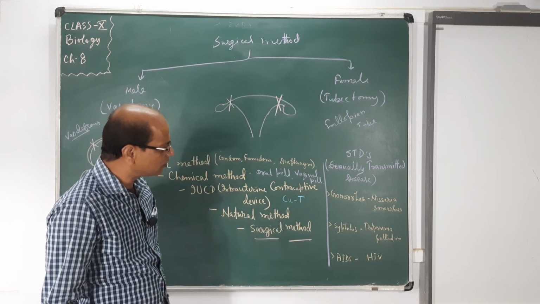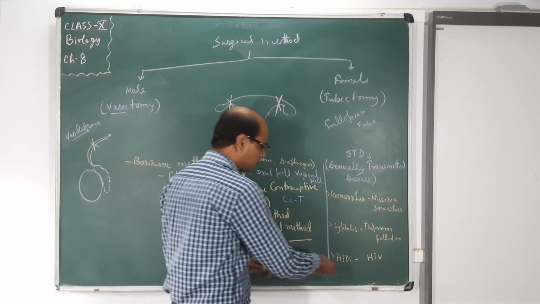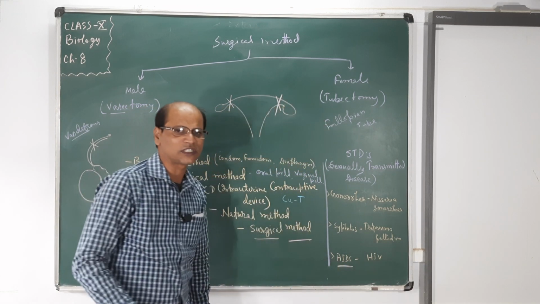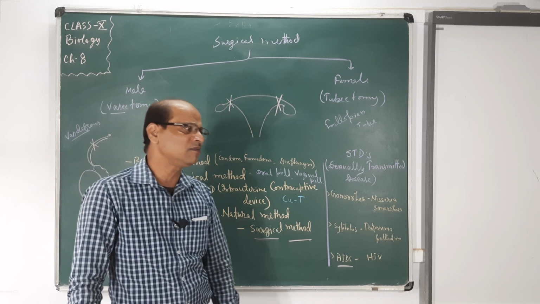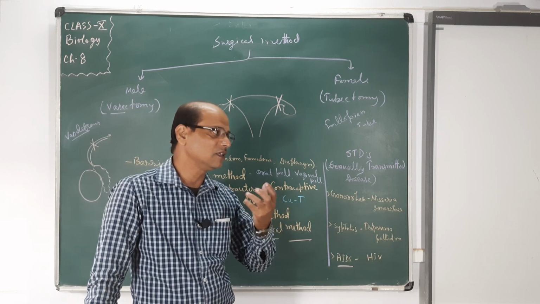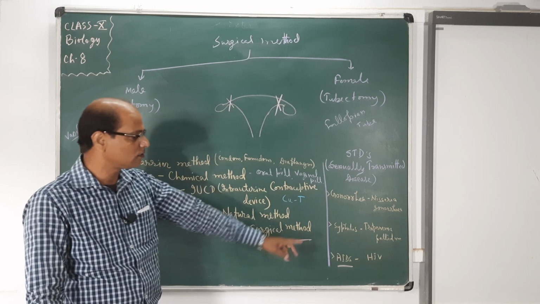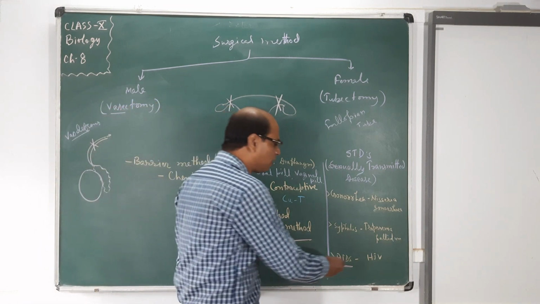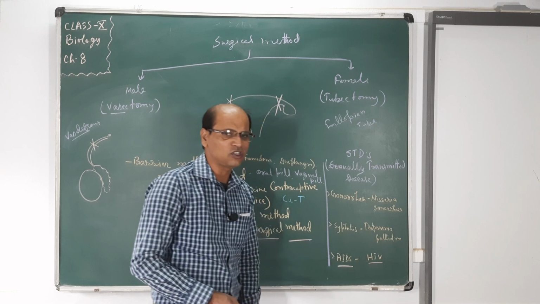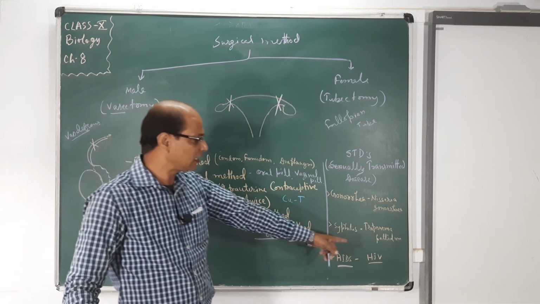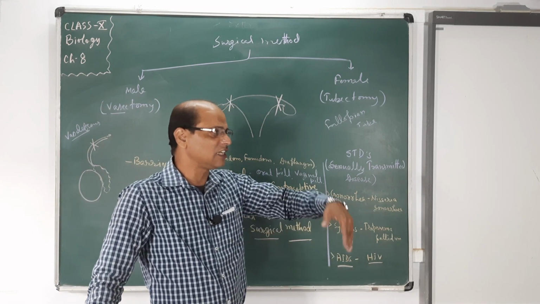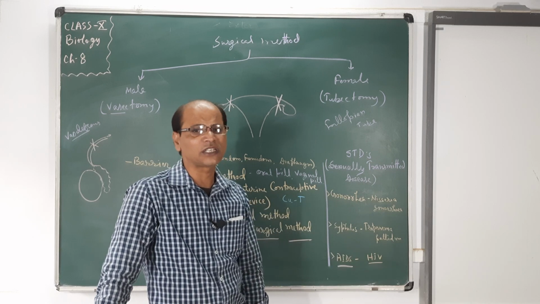Now HIV, you know, is a very dangerous disease: acquired immunodeficiency syndrome. We lose our immunity due to this particular disease, caused by the human immunodeficiency virus. It is dangerous and transmits easily by means of sexual contact.